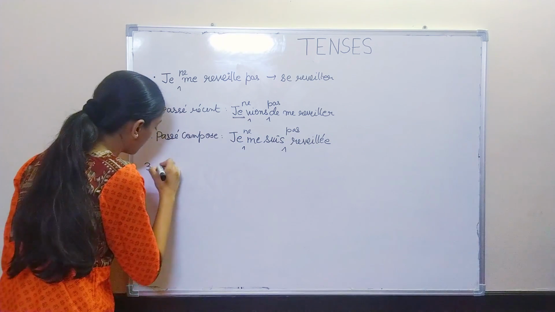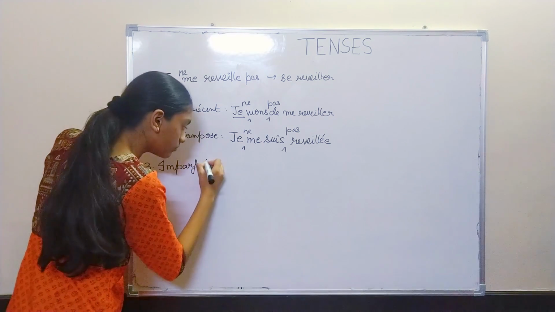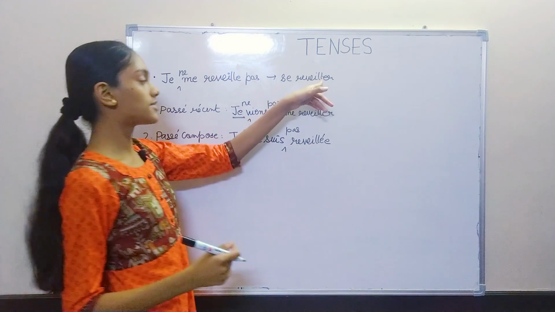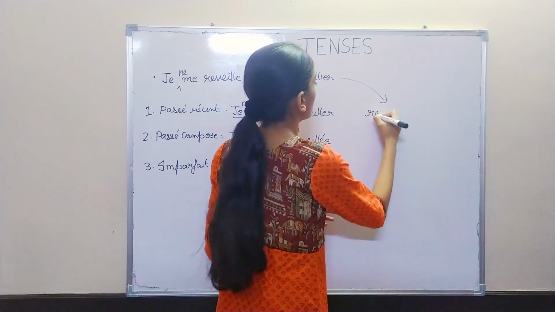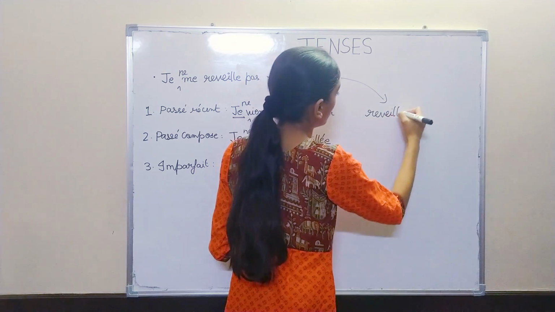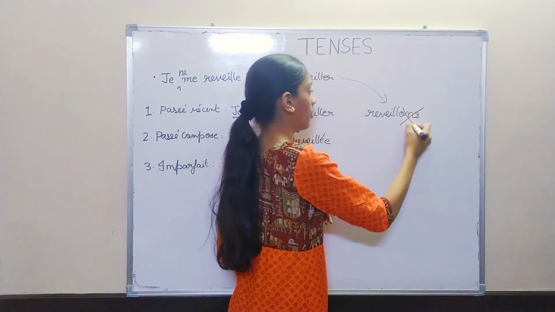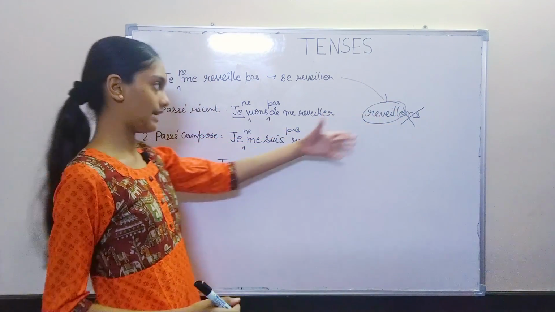Next one, Imparfait. For Imparfait, let's look at the nous form of réveiller. It's réveillons. Now if we cancel out ONS, we are left with this and we'll add AIS to it.